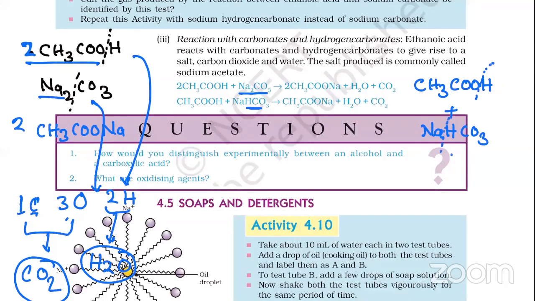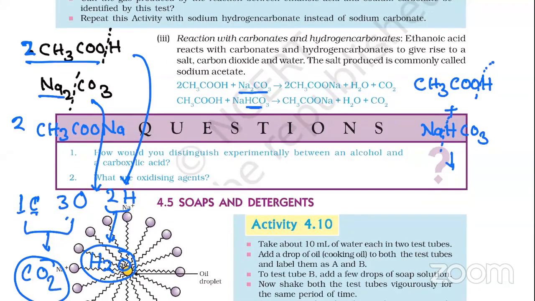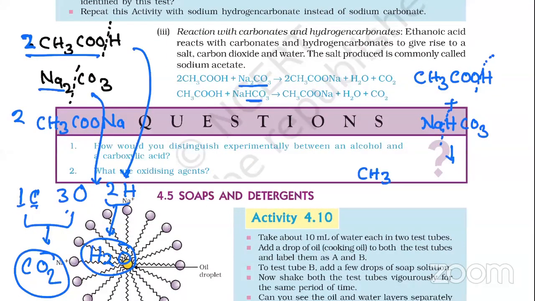So the product we are going to have is CH3COONa plus again 2 hydrogen, 1 oxygen will form water and the remaining part will be CO2. Clear? So I think you will not face any difficulty in writing the product of these reactions. Okay?